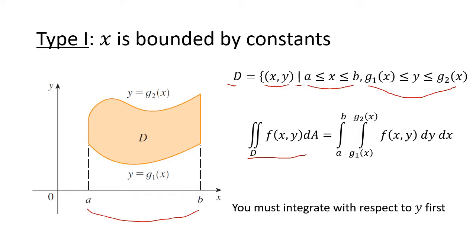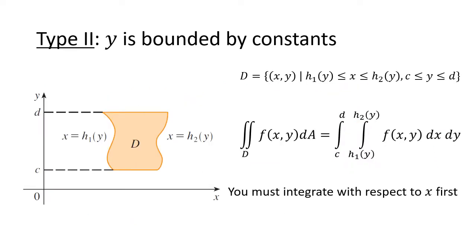We have to integrate with respect to y first. That means the inside integral, when we do our iterated integrals, is with respect to y first, and we need to make sure our bounds match up. So the bounds for y are my functions, and the bounds for x are my constants. We have to set it up this way.